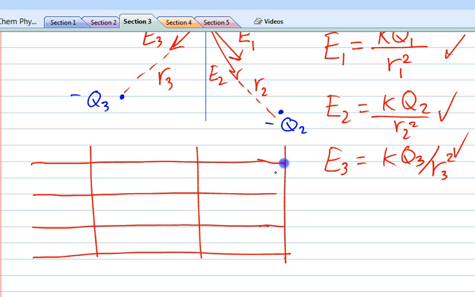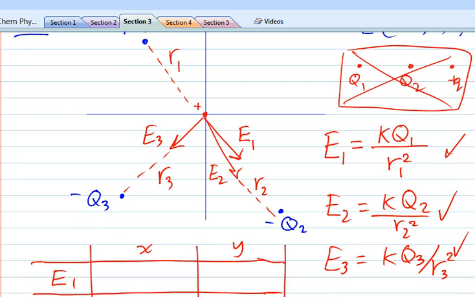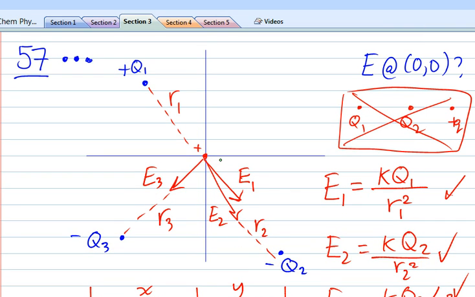Okay. And so these are going to be the x and y components of E1, E2, and E3. But before we can go on any further, we need to know the angles. For example, for E1, in order to split it into x and y components, we need angle theta 1. And that's the same as this angle right here.